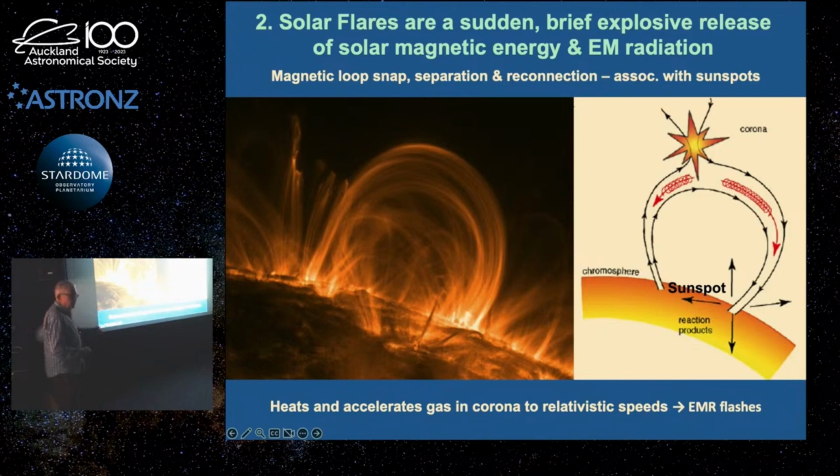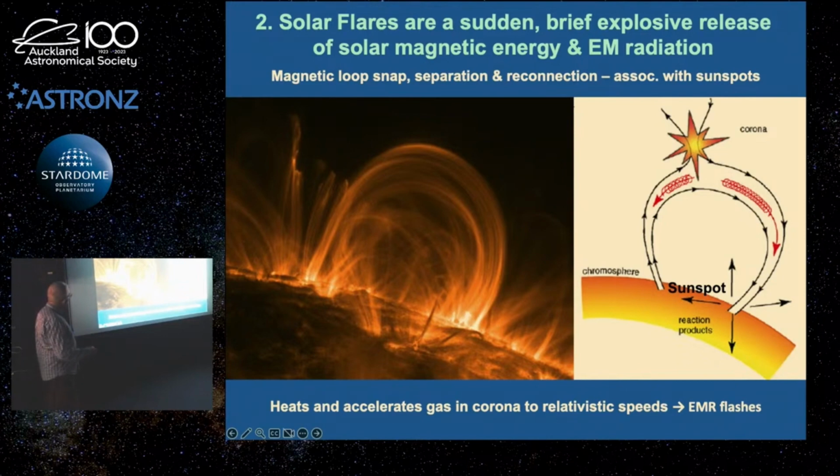In that process, they become more stable, and a lot of energy gets released as they get rid of all that distortion. All that energy acts to heat and accelerate gas within the corona to relativistic speeds, in other words, speeds up to the speed of light.